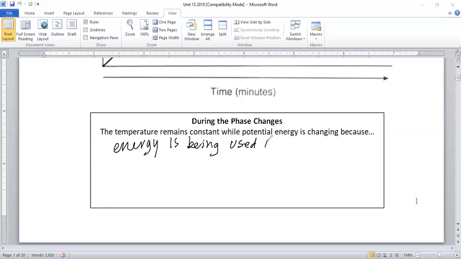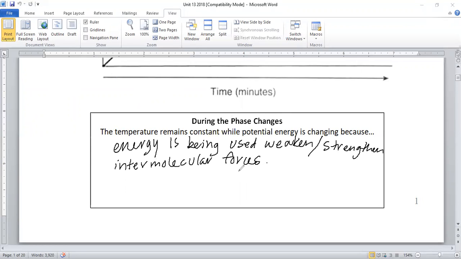So when you change the phase, you are weakening, if we're heating it up, or strengthening, intermolecular forces. And these are the forces in between our molecules.